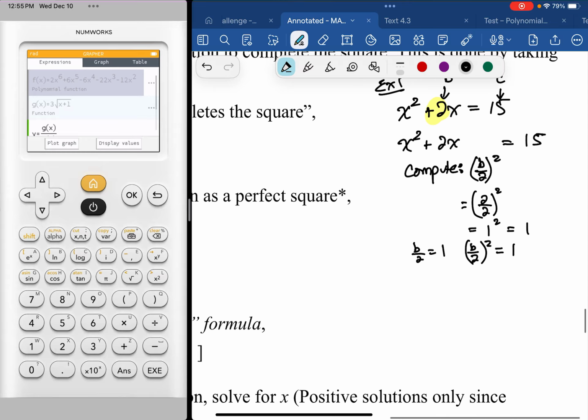If our rule tells us, and I'll jot it on the side here, we had x squared plus bx equals c.